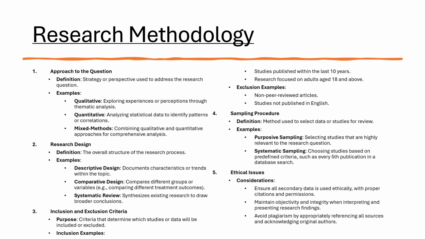So, sample procedure: the methods used to select the data or studies for the review. For example, purposive sampling and systematic sampling. The ethical issues: the ethical considerations ensure the secondary data is used ethically, with proper citation and permissions.